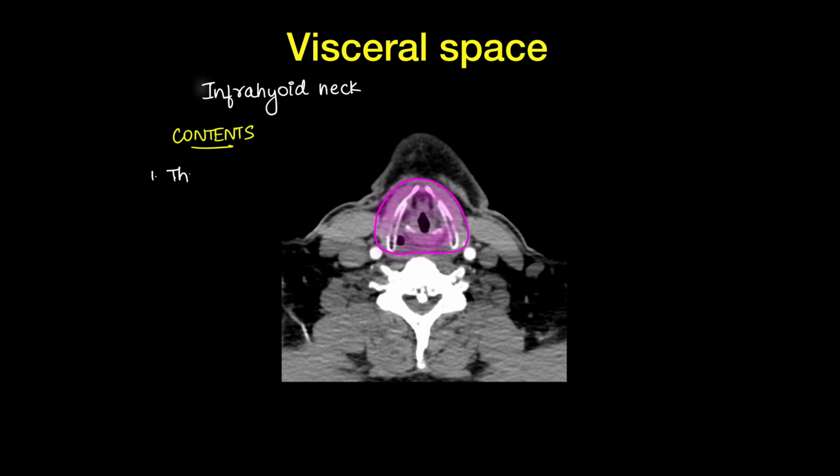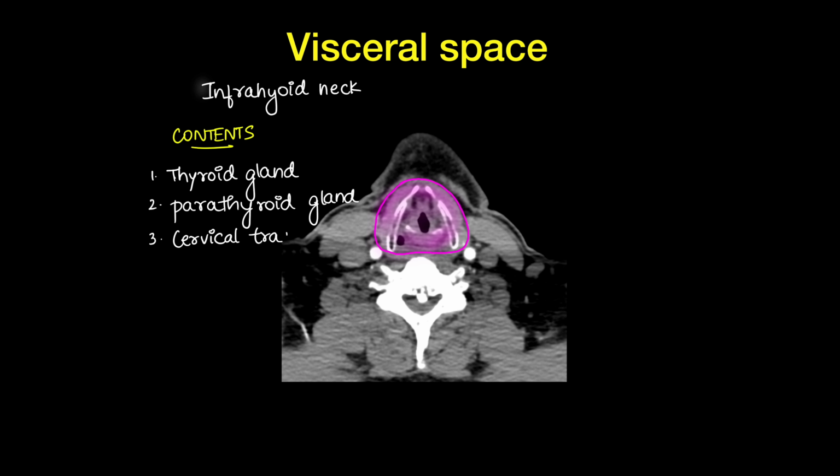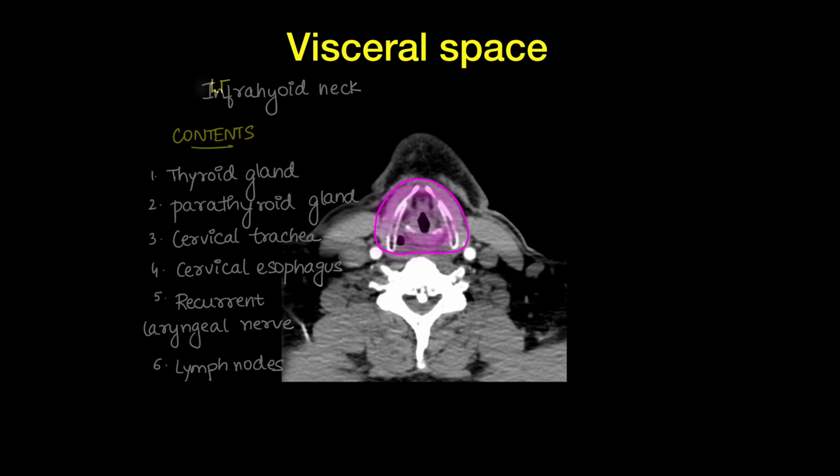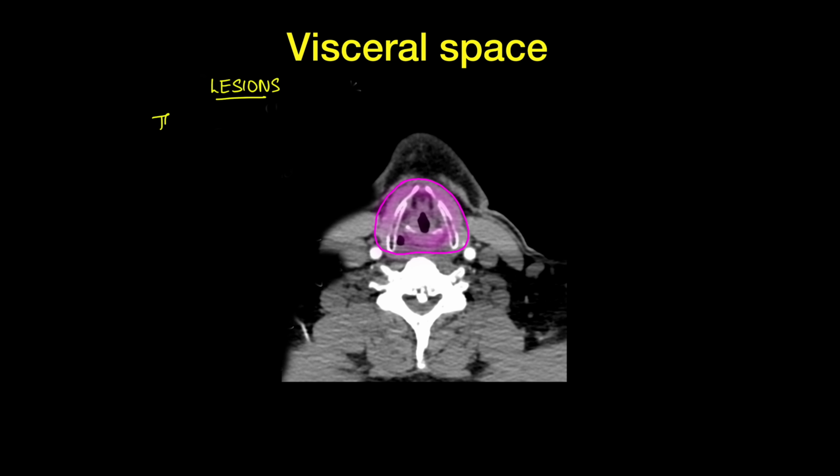Major contents in this space are thyroid gland, parathyroid gland, the cervical trachea, cervical part of esophagus, recurrent laryngeal nerve, and lymph nodes. Larynx and laryngeal cartilages are also involved in this space.